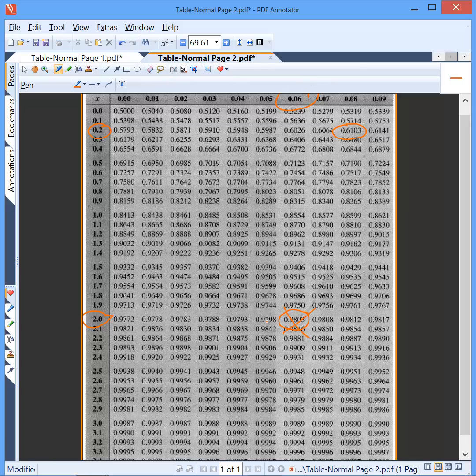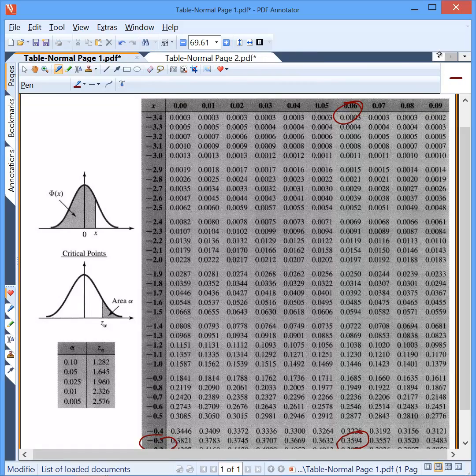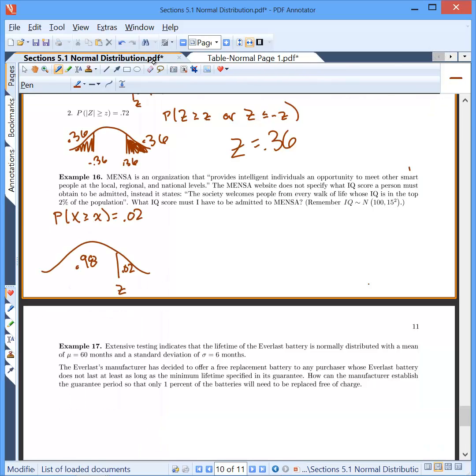Oh, nope, that's not my closest. My closest is 0.9798. So my z value is 2.05.